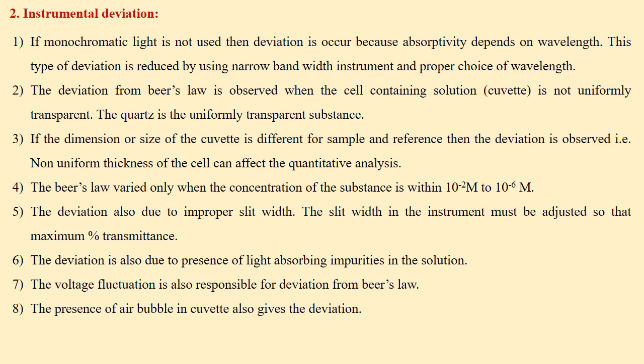Therefore, as far as possible, the cuvette must be uniformly transparent, and during the analysis the same cuvette must be used. If the size of the cuvette is different for sample and reference, then deviation also occurs. Non-uniform thickness of the cell can affect the quantitative analysis.